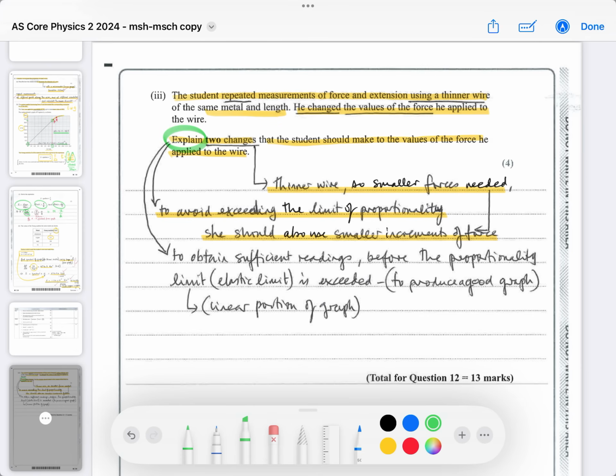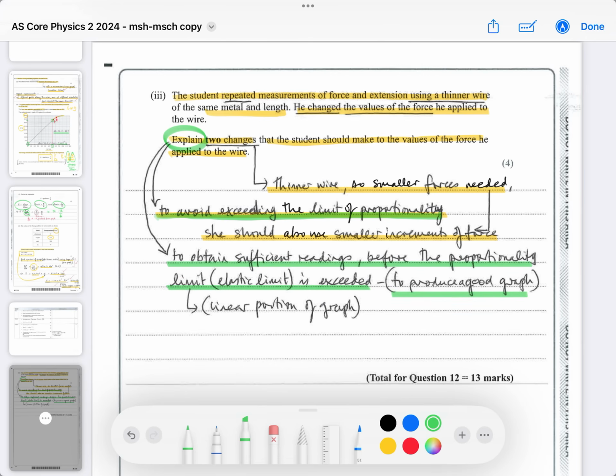First you say what you'll do, and then you explain it. So thinner wire, so smaller force is needed to avoid exceeding the limit of proportionality. That is the explanation. And then he should use smaller increments to obtain sufficient readings before the proportionality limit, or the elastic limit, is exceeded. Otherwise, you won't be able to produce a good graph.